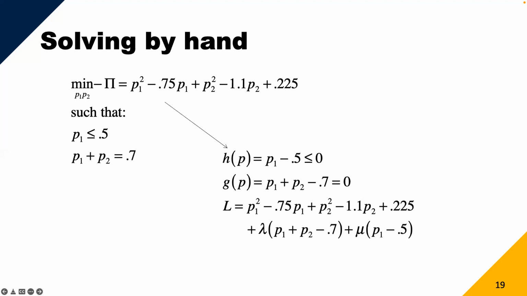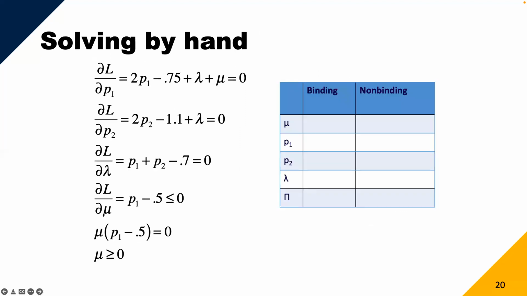Okay, so if you have this, then you can have your KKT conditions, which look like this. These are your first ones: the derivative of your Lagrangian with respect to P1 and P2, with respect to lambda, and with respect to mu, right?